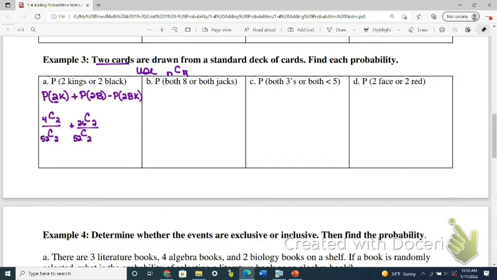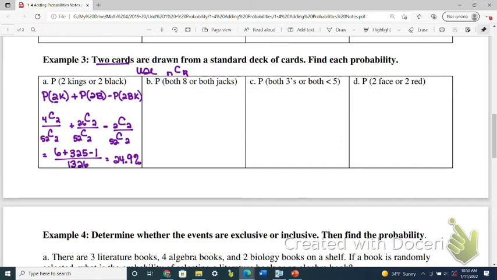And how many black kings are there? There are 2. So I'm going to do 2 choose 2, all over 52 choose 2. So this ends up being 6 plus 325 minus 1, all over 1326, which is 24.9%.